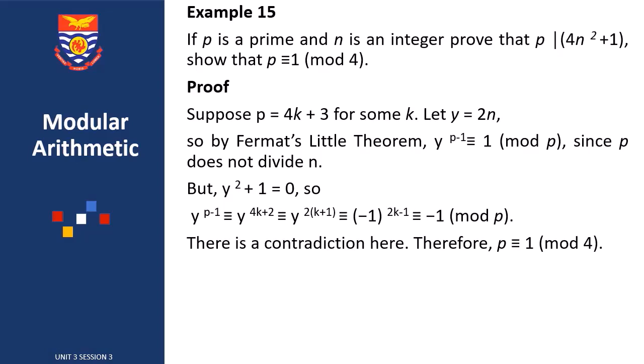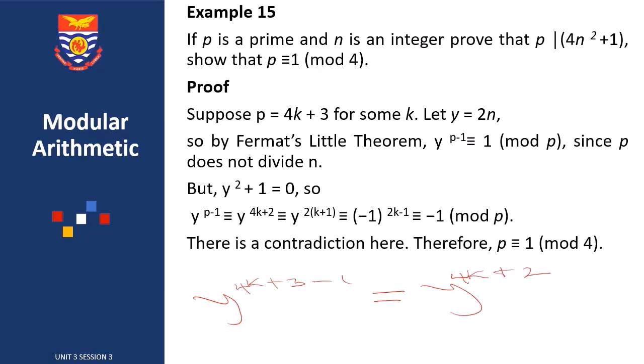And this implies, by Fermat's Little theorem, that y with the power p minus 1, where you put 4k plus 3 into where you see p, looks like this. Y raised to the power p, that is now 4k plus 3 minus 1, will be equal to y raised to the power 4k plus 2.